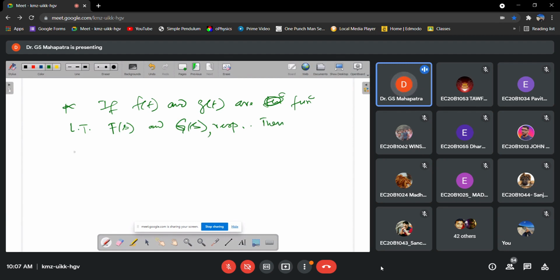What will be the Laplace transform of the sum of those two?